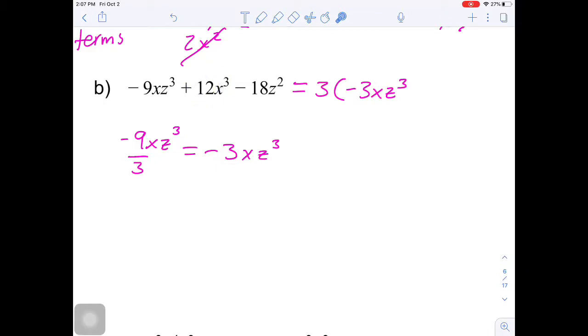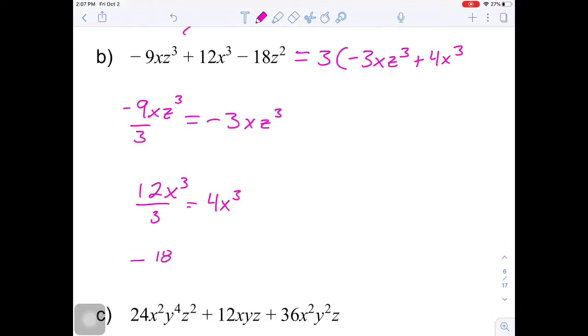I'm going to then divide out 3 from 12x cubed. 12 divided by 3 gives me 4, and my x cubed is being left alone. So this will be plus 4x cubed. Negative 18z squared divided by 3: negative 18 divided by 3 gives me negative 6z squared.